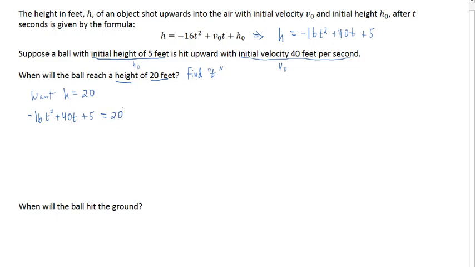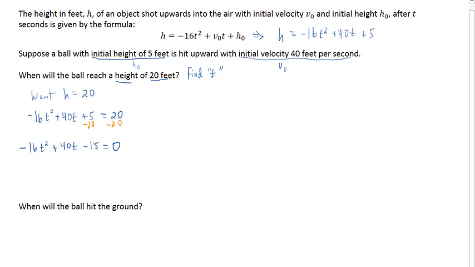Now this is a quadratic equation, but it's not in that standard form. So the first thing we need to do here is subtract 20 from both sides, making one side of the equation equal to 0. This yields negative 16t squared plus 40t minus 15 is equal to 0.